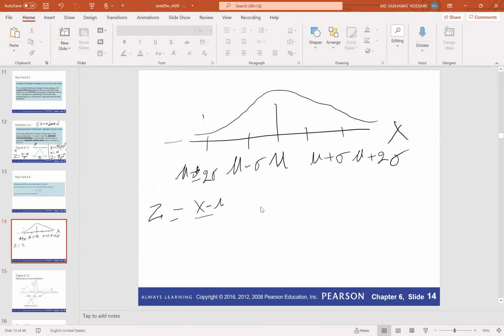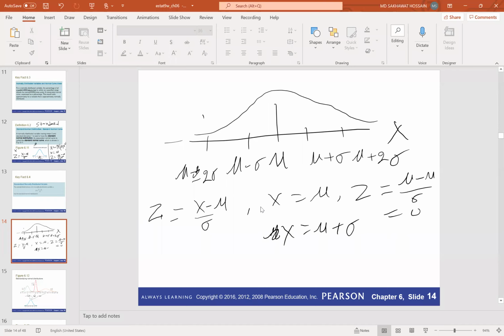Okay, now what happened to the standard normal distribution? This is x minus mu over sigma. So when x is mu, z will be mu minus mu over sigma, which means 0. When x is mu plus sigma, z will be mu plus sigma minus mu divided by sigma.